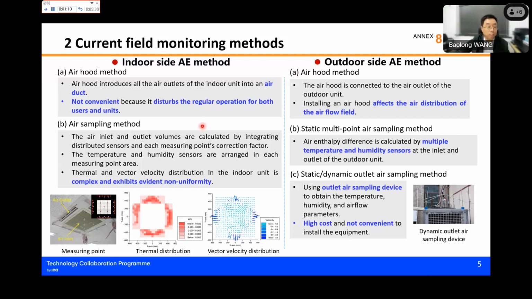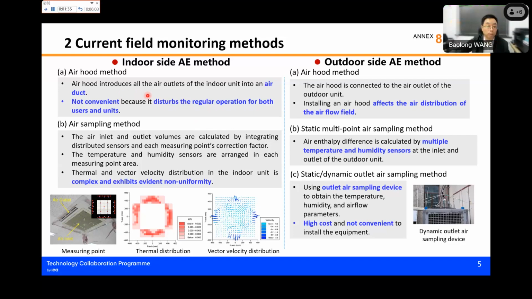This kind of method can always be used for terminals where the inlet is very even, which means the inlet temperature and humidity are very even. So by this method, we just measure 1 point or 2 points of inlet temperature and humidity, and use the air hood to test the average outlet temperature and humidity.